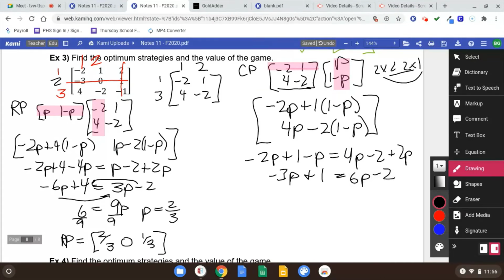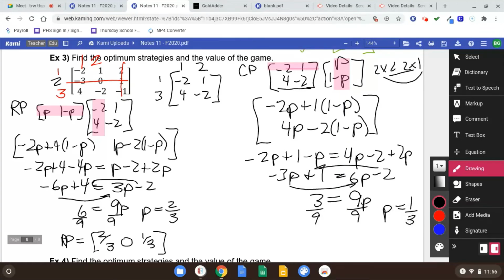And then I can add the 3p over and add the 2 over. So when we divide by 9, we're going to get p equals 1/3.